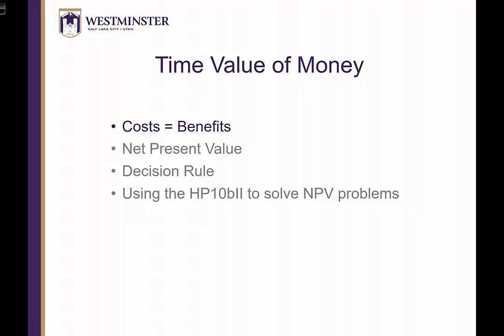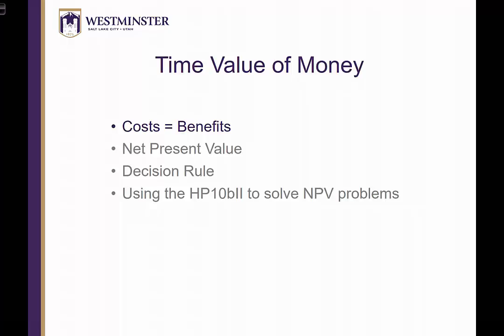The benefits might be that it gives us cash flow of $400 a year for some period of years, and we might be able to sell it at a point in time in the future. Or if we're thinking about a stock, the cost would be that we paid $10 a share. The benefits might be that we get 10 cents in dividends each year and then someday sell it at a specific value. So we can think of the costs and the benefits, and when those equal each other, we know we have a transaction that we like.